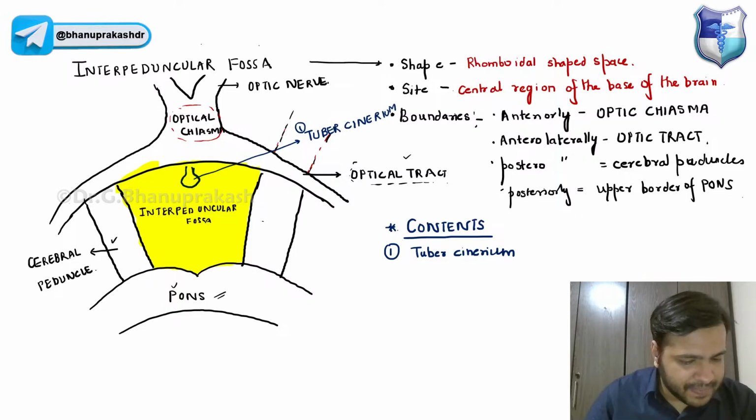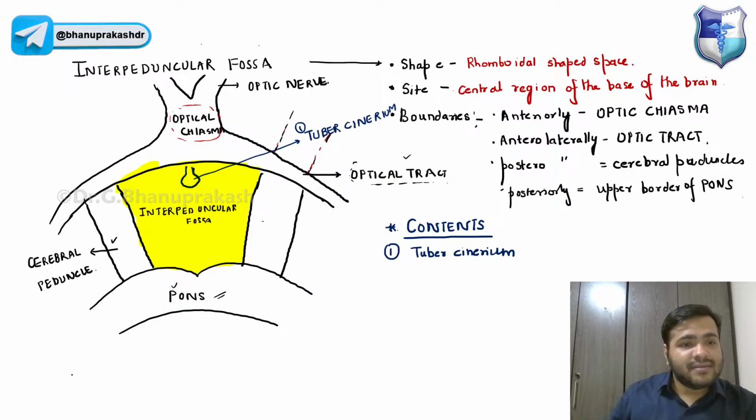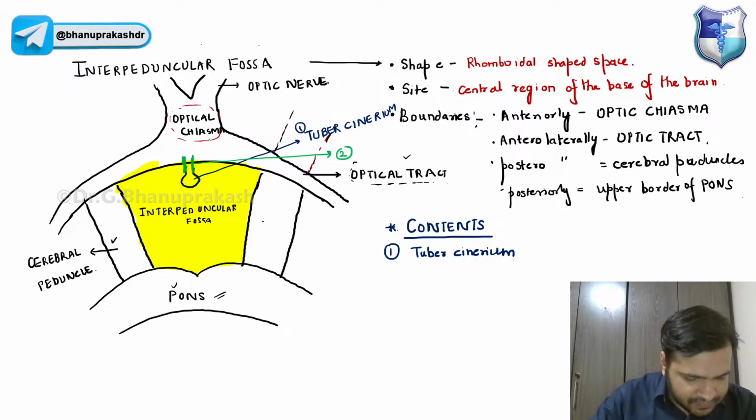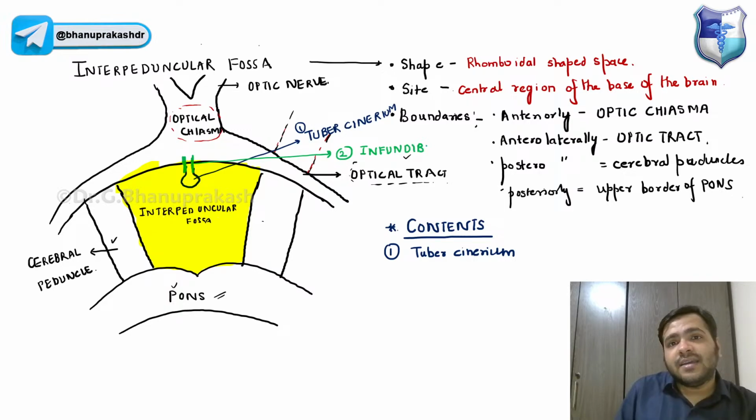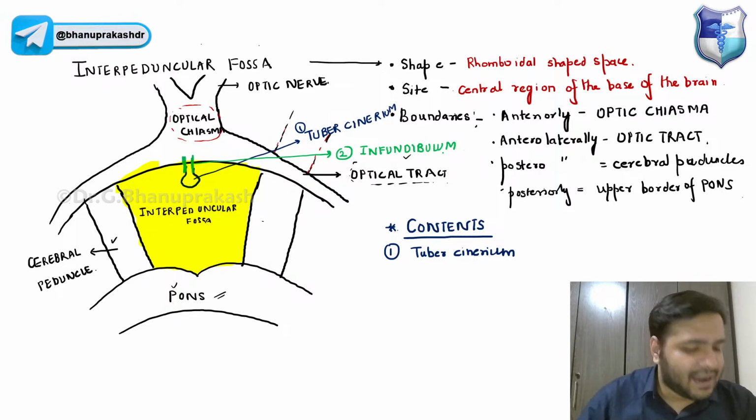It is an elevated part in the anterior part of the fossa, right, it is just behind the optic chiasma, that is called as tuber cinereum. और इसी tuber cinereum से एक stalk connect होती है, ठीक है, और इस stalk को हम लोग बोलते हैं infundibulum. ये जो stalk है, a stalk connecting the tuber cinereum to the pituitary gland. Okay, lovely, however, but I will put all the PDFs in my Telegram group, no need to worry. इसी tuber cinereum को एक stalk जो है, जिसको हम लोग बोलते हैं infundibulum, that connects the tuber cinereum to the pituitary gland.